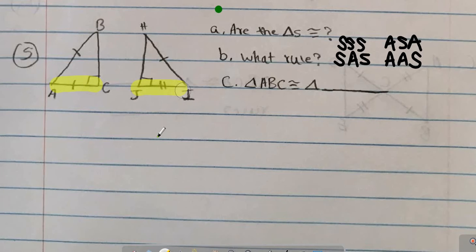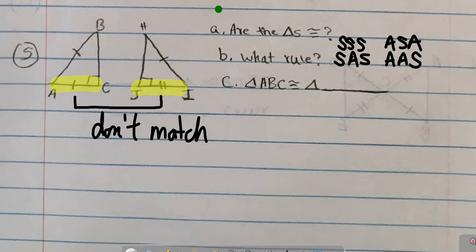There's one hatch mark here and 2 hatch marks here. And if that's the exact diagram, these triangles don't match. And if that's the case, this would be not congruent.